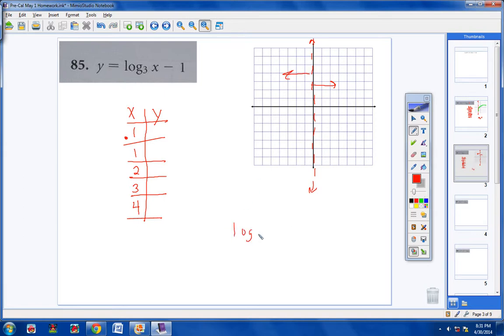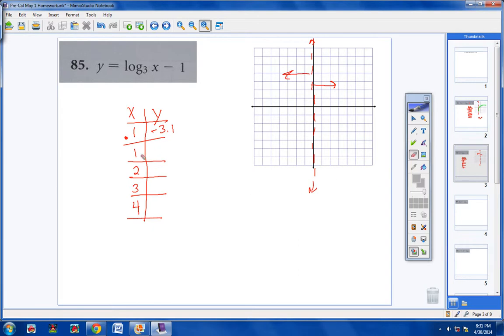Log of 0.1 divided by log of 3, and then whatever you get out, you then hit -1. Okay, and if you do that correctly, you're going to get -3.1. Okay, and so let's go ahead and continue on.